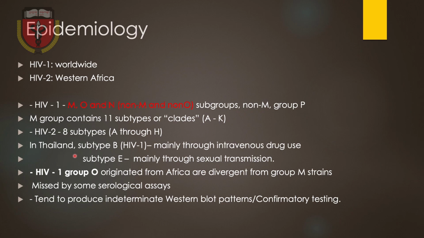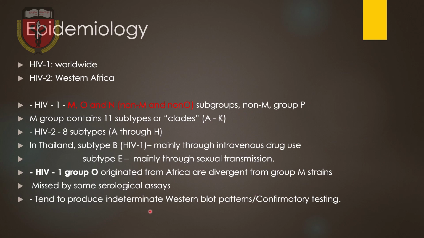In Thailand, in Asia, subtype B of HIV-1 is mainly through IV drug use, and subtype E is mainly through sexual transmission. Those are just notable points shown in the literature. And HIV-1 group O originated from Africa, and is different from group N strains.